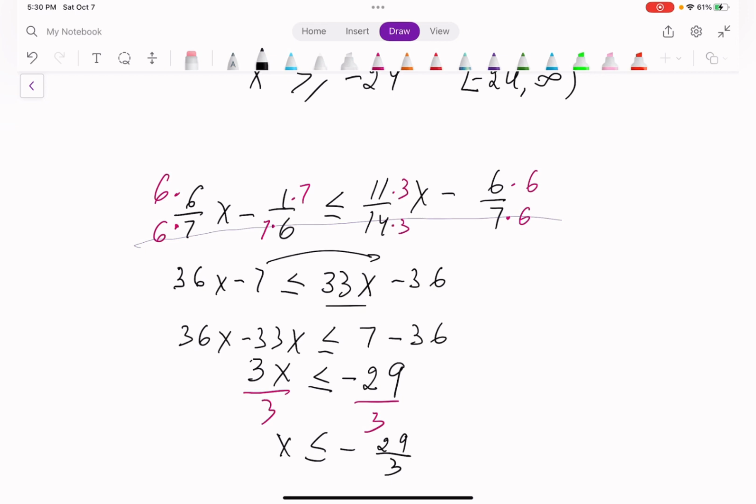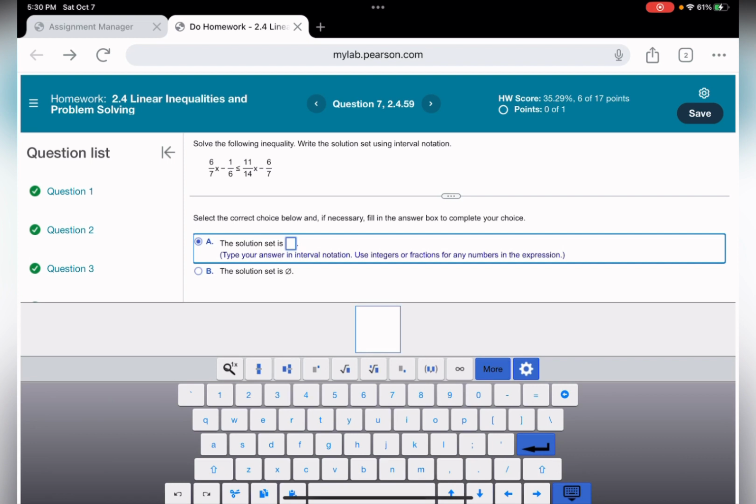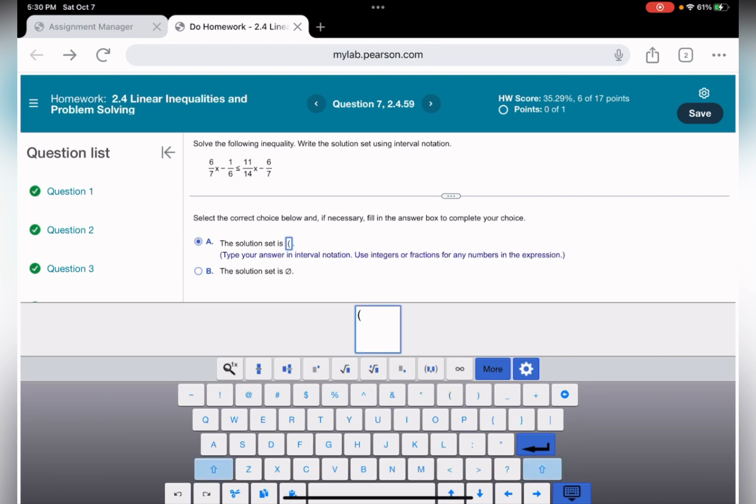So the answer is going to be negative infinity, negative 29 over 3 with a square bracket.